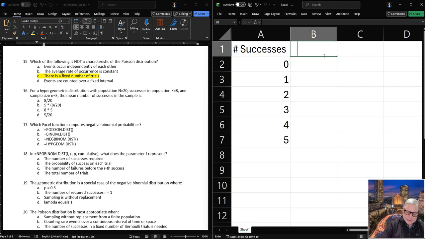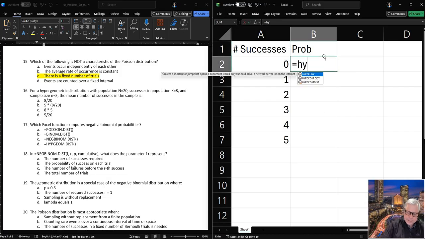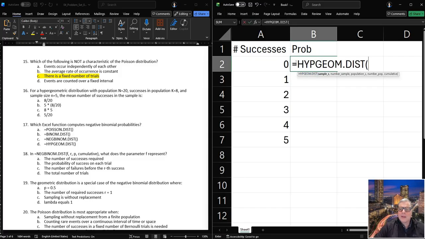Okay, so now let's get the probability. So what's the probability that you get 0 successes when you draw from a population 5, where there are a total of 8 success elements in the bowl, and the total number of elements in the bowl is 20.